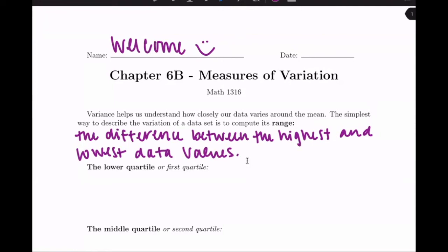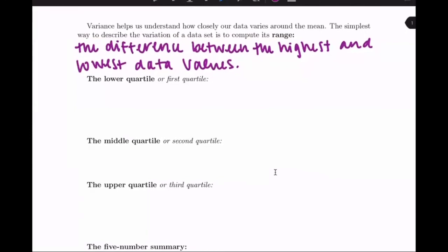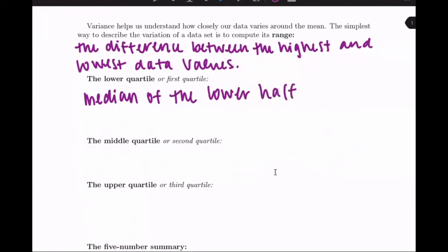There are some other ways we can describe the data. Specifically, lower quartile, middle quartile, and upper quartile. The lower quartile is the median of the lower half of the data. The middle quartile is a very fancy way to say the median.